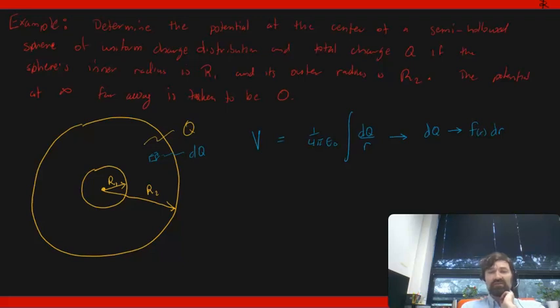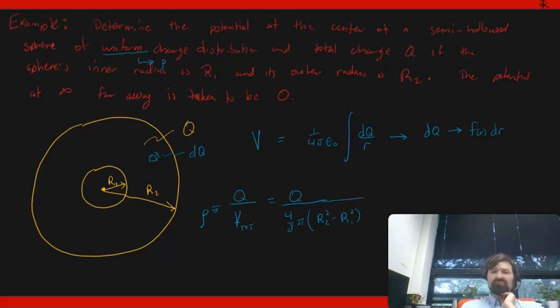And if it has a uniform charge distribution, we could say it has a density of rho, such that rho is defined by Q over total volume, which basically is Q divided by 4/3 pi times the outer radius cubed minus the inner radius cubed.